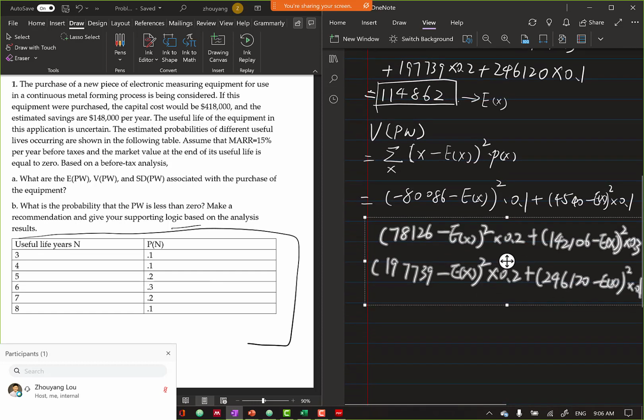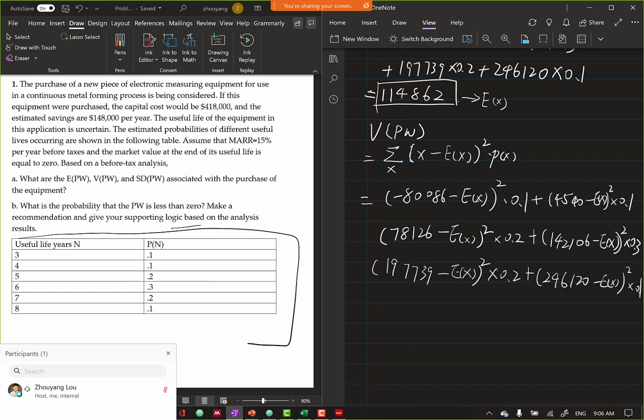Okay, then we're just getting close to the solution, which will be a very large number, 6.8 times 10 to the power of 6. So that's the variance.